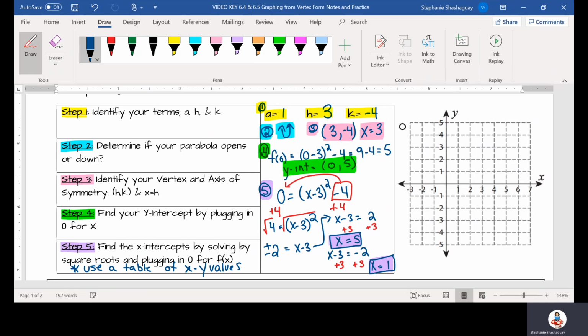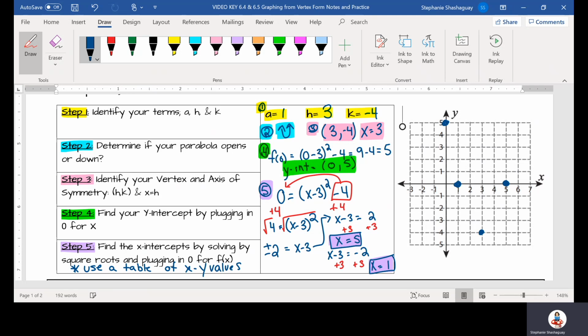All right. So my vertex is at 3, negative 4. My y-intercept is at 0, 5. And my x-intercepts are at x equals 5 and x equals 1.